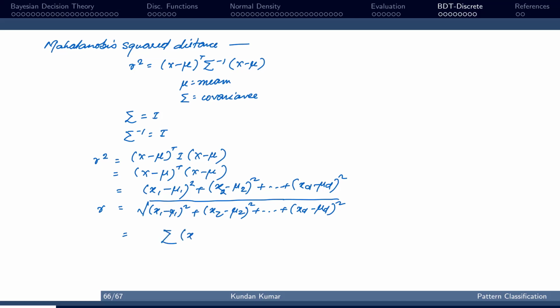So xi is the component of the feature vector x, minus mu i, where i goes from 1 to d-dimensional space, squared, and the whole term to the power 1 by 2. So this is our Euclidean distance.